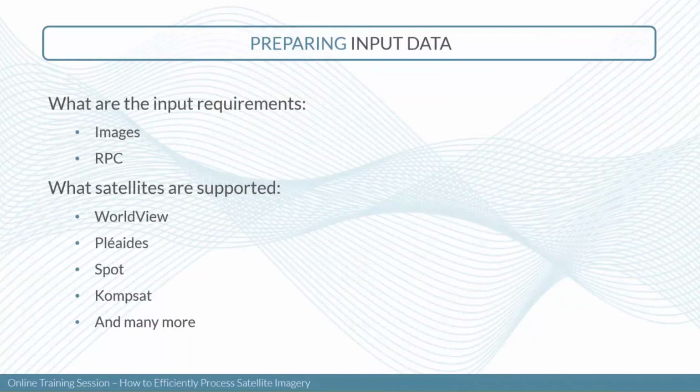We can also process Pleiades satellites, from stereo or also tri-stereo capacity. So if you have the three images of the same scene, you can process those scenes within Correlator 3D. We can also process satellite imagery from SPOT, and also from KOMPSAT satellites.